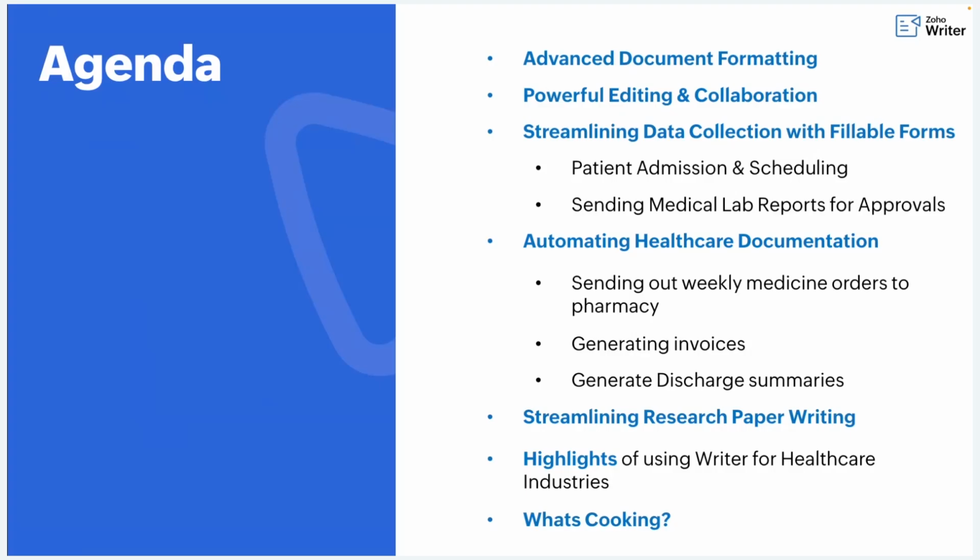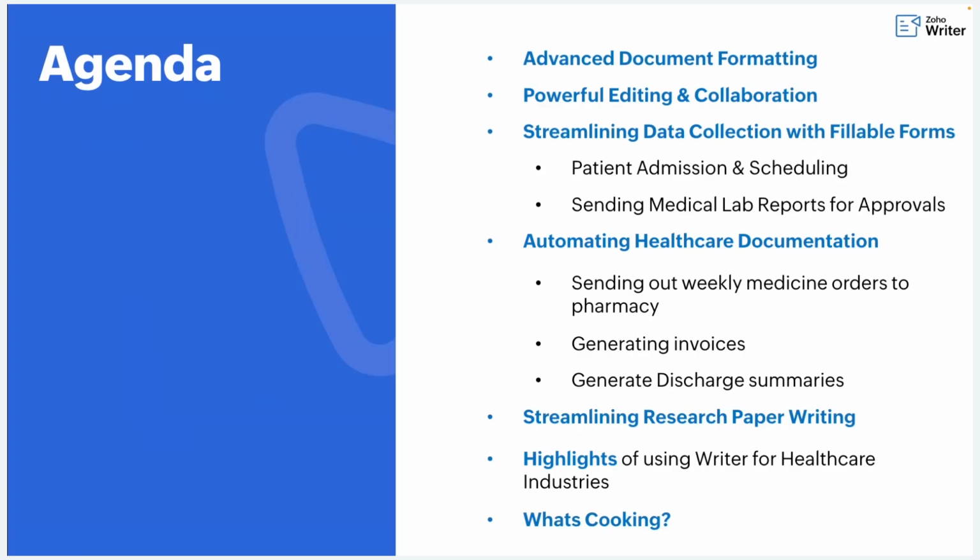In automating healthcare documentation, we'll demonstrate how Writer can automate tasks such as sending out weekly medicine orders to pharmacies, generating invoices, and creating discharge summaries using our pre-built templates and formulas.